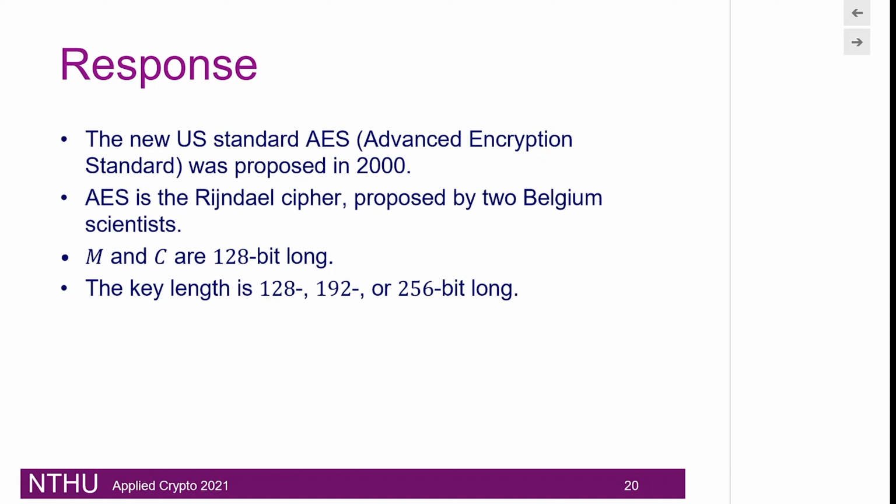So what they did back then was call a conference, an open forum for cryptographers to submit their proposals, the algorithm that they think is the best, to the committee. Almost 15 papers were sent.